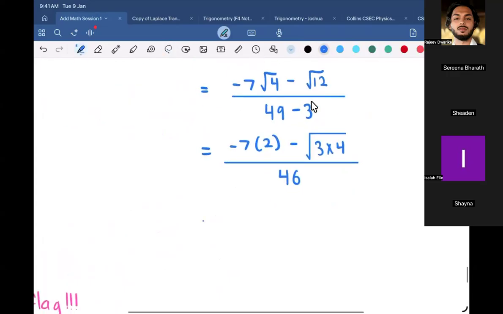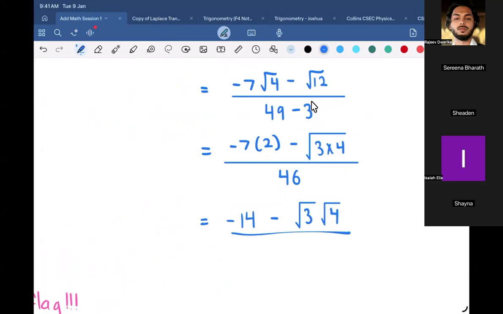Minus 7 by 2, that's going to be minus 14. Then we have 3 by 4. If you're multiplying inside a root, you can split it up into root 3 by root 4, all over 46.